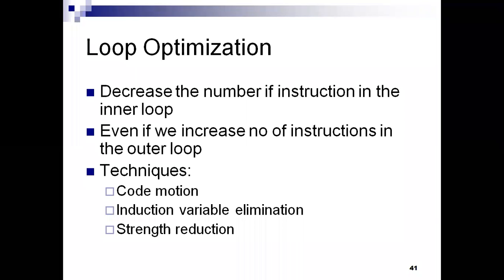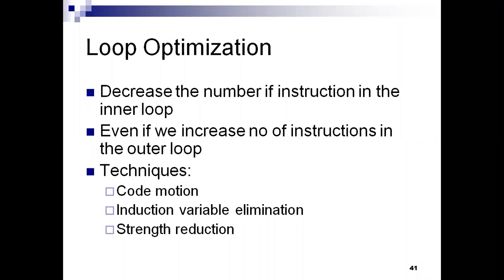As the name itself says, we are performing this optimization in the loops. Recall the principal sources of optimization, where we have various transformations like dead code elimination, common subexpression elimination, strength reduction, code motion, and so on.